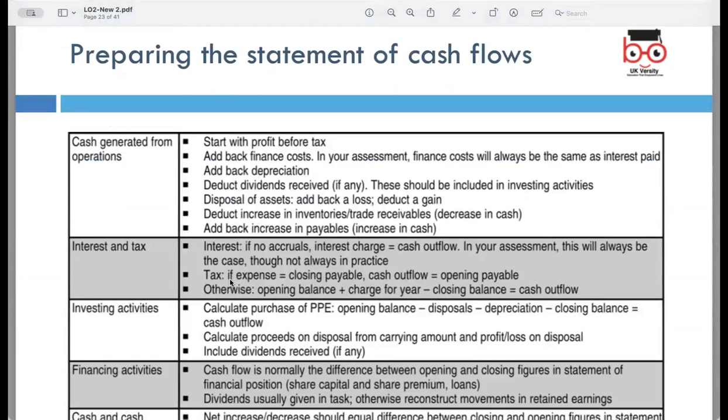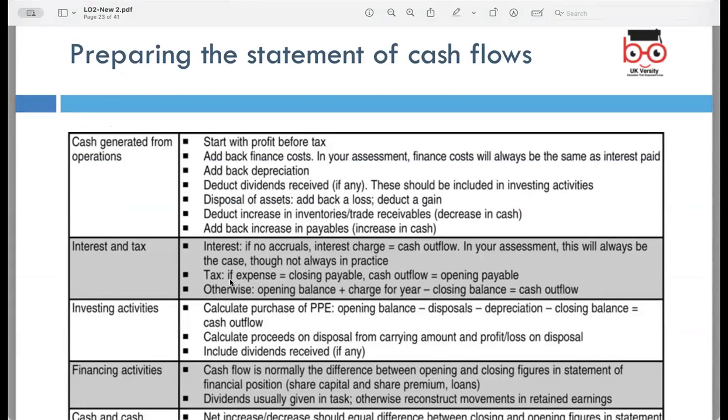Cash generated from operations starts with the profit before tax and adjusts for non-cash items such as depreciation, finance costs, and gains or losses on asset disposals.